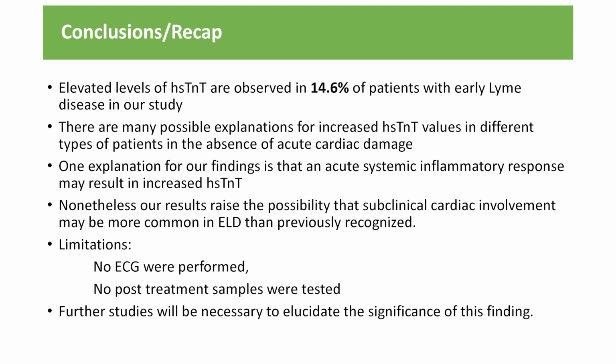One explanation for our finding is that an acute systemic inflammatory response may result in the increased HSTnT. Nonetheless, our result raised the possibility that subclinical cardiac involvement may be more common in early Lyme disease than previously recognized.